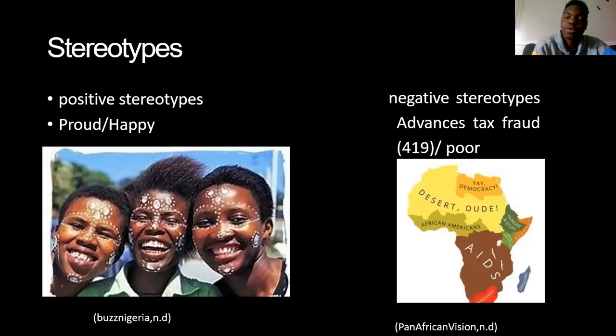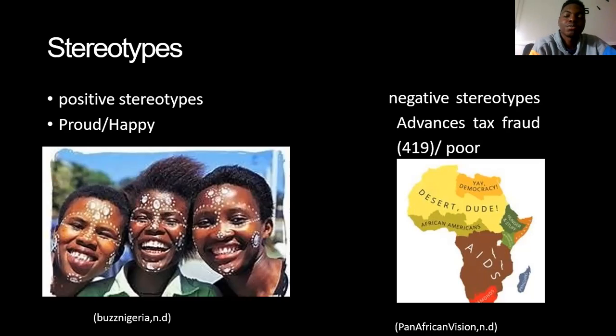As for the case of 419s, I won't say that it's not true because we do have 419s, but that's not what we should be recognized for at all. 419 is just like thieves or robbers that you see anywhere in the world. The only difference is that Nigerians refer to them as 419. In any case, 419 is the same thing as any robber that you see in the streets.